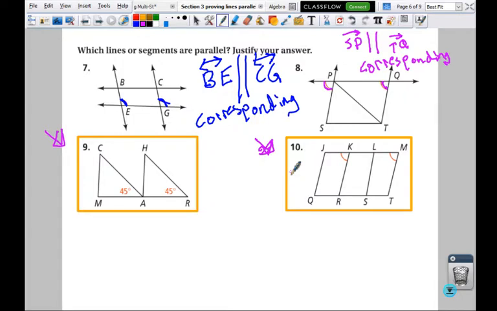How come they don't give us the degree angle? Even though it's the same exact thing we did. Wouldn't it be C and M and H and A? Usually you get like 2 or 3 of them.